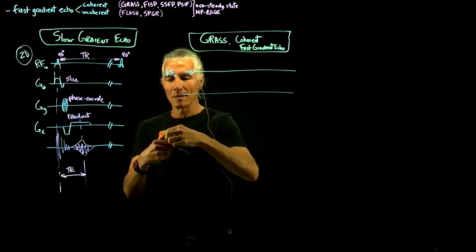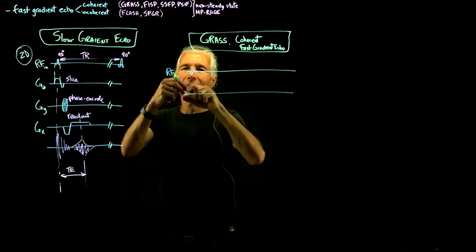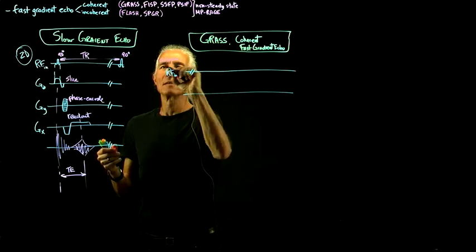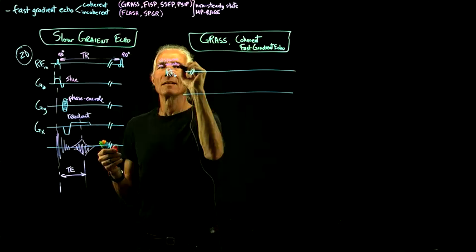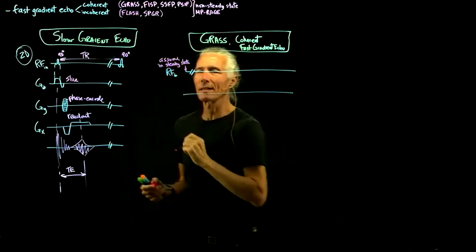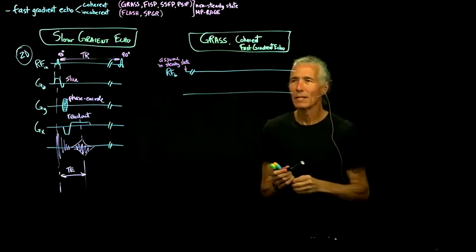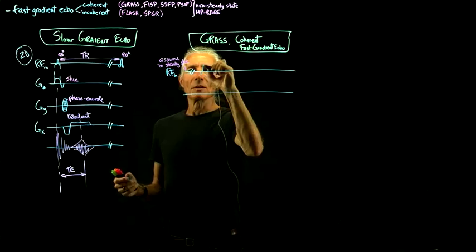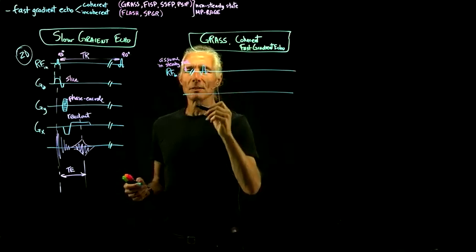What does that dash mean there? Assume in steady state. The first thing we do is an RF pulse.